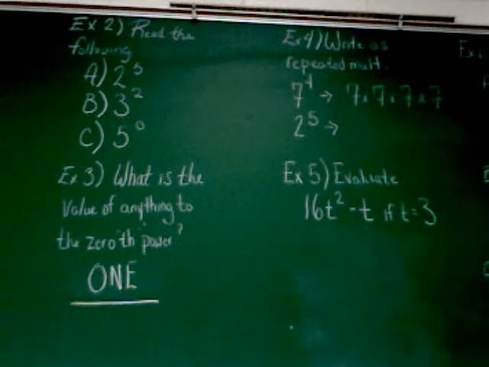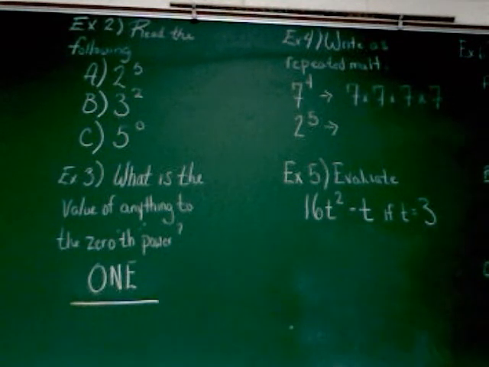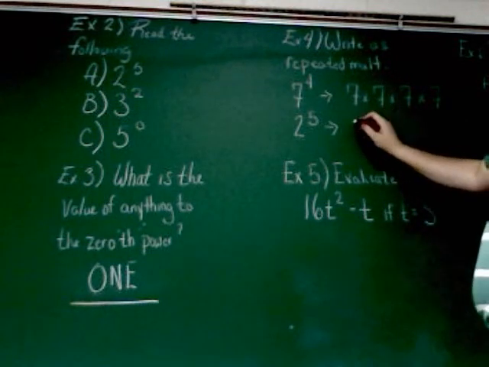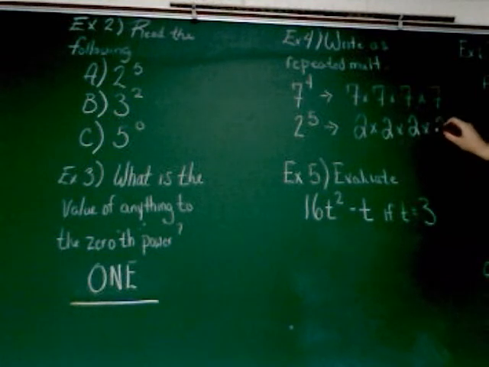That's repeated multiplication, not the problem you'd actually have to solve to figure out what that power is equal to. So, if I asked you to write 2 to the 5th as a repeated multiplication, what would it be? 2 times 2 times 2 times 2 times 2. Good.